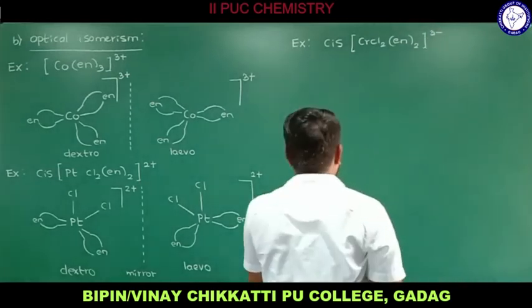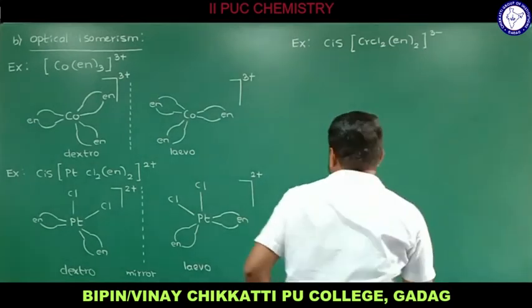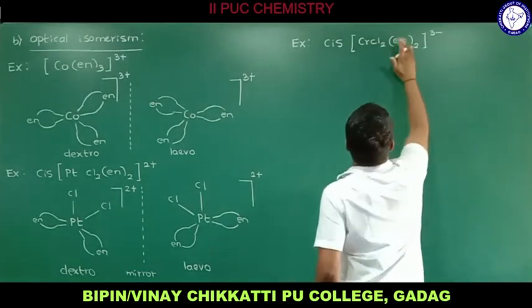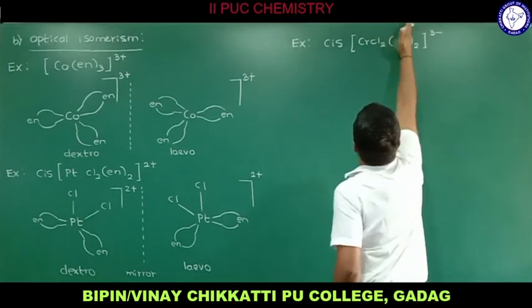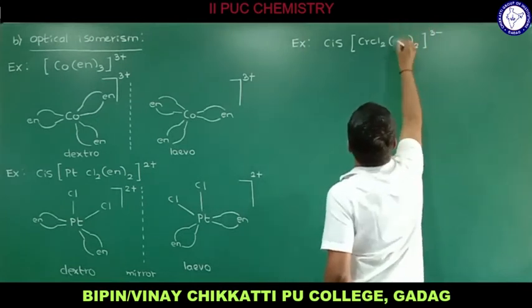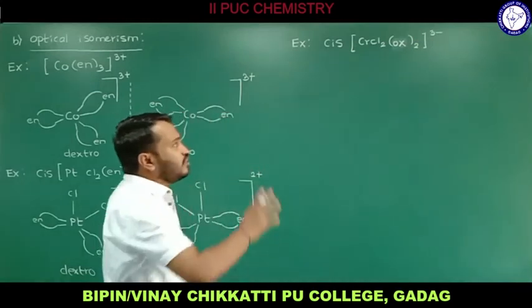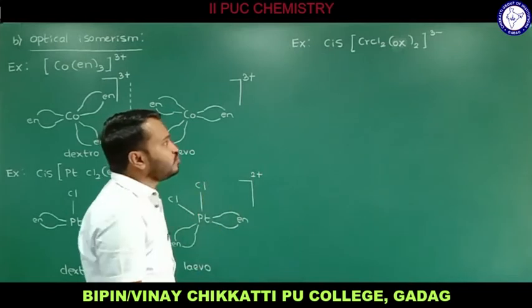I already used En, that is a bidentate ligand. So let me change, I consider this as OX. This will be one more bidentate ligand I consider, because OX is also a bidentate ligand. Do you know what OX actually is? Oxalate ion, C2O4 2 minus, that is also a bidentate ligand.